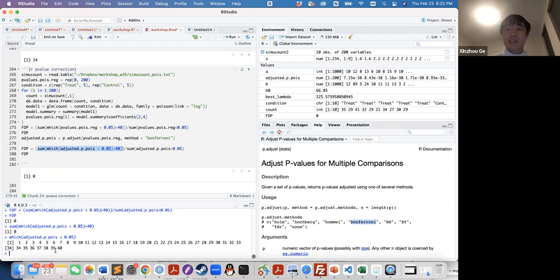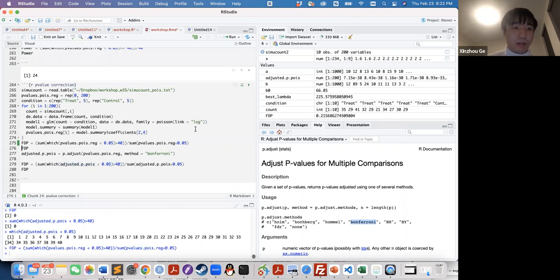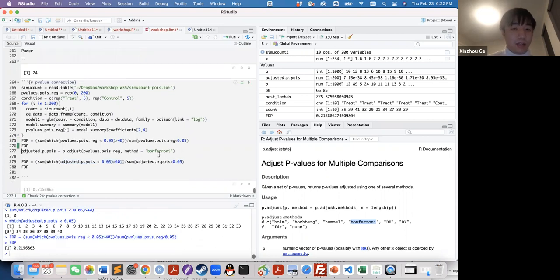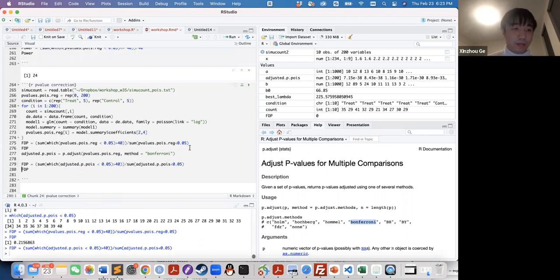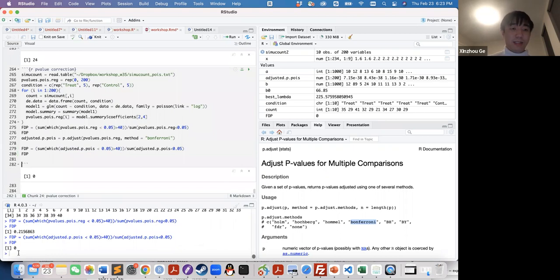And that's how this Bonferroni correction works. If we do not do the correction, we will have a false discovery proportion of 0.21. But if we do the correction, the false discovery proportion will be 0. And that's how it works.